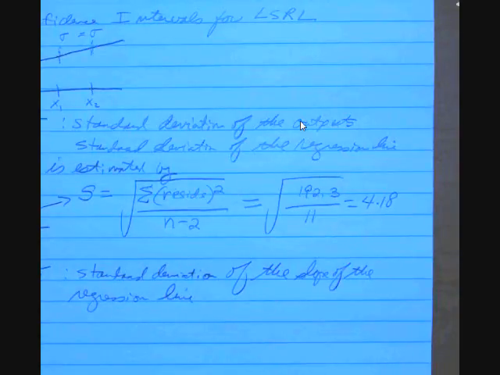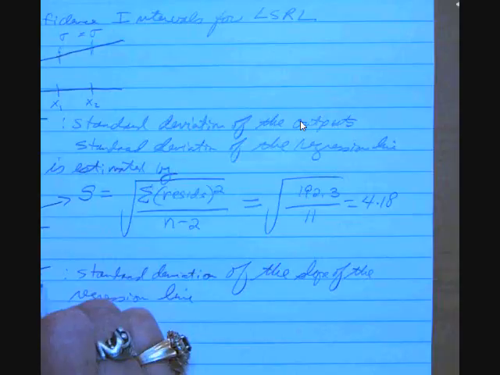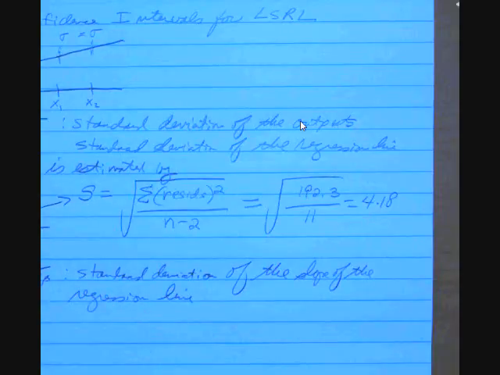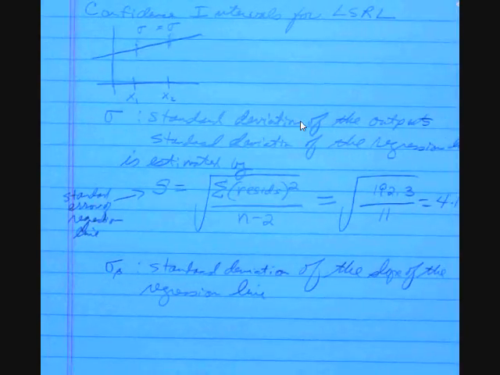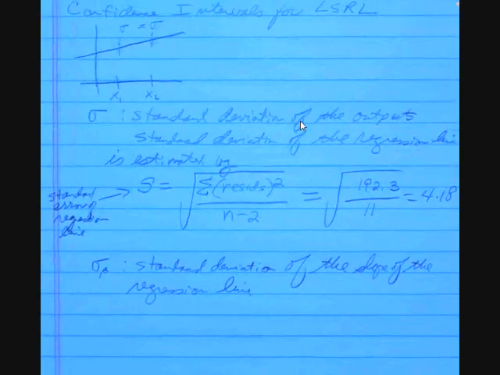And maybe I'll call that just sigma sub beta to help me remember that one. Yes, sir? What does that say that's pointing to the X? That says standard error of regression line. Okay?